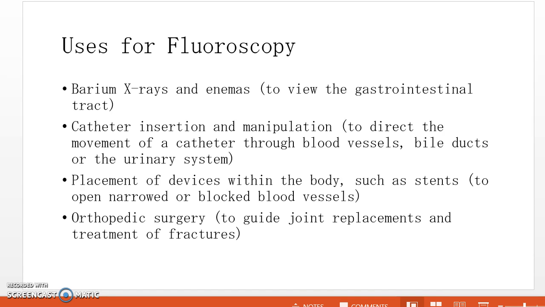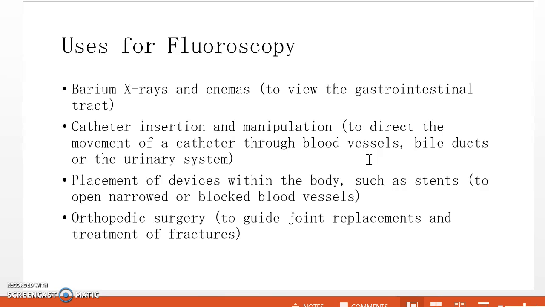There's catheter insertion and manipulation. This is to direct the movement of the catheter through blood vessels, bile ducts, and the urinary system.